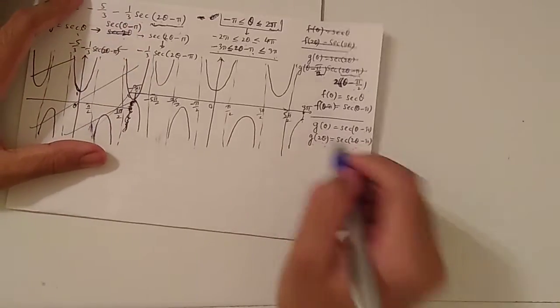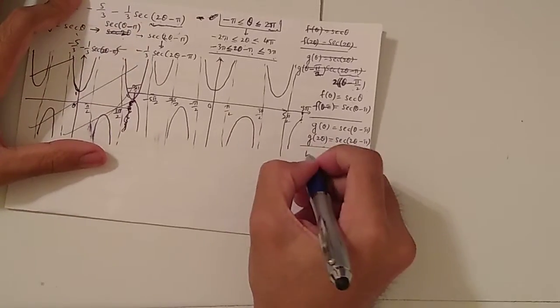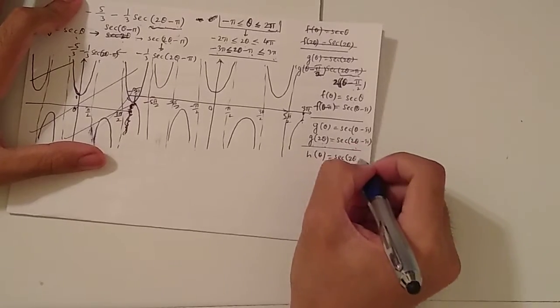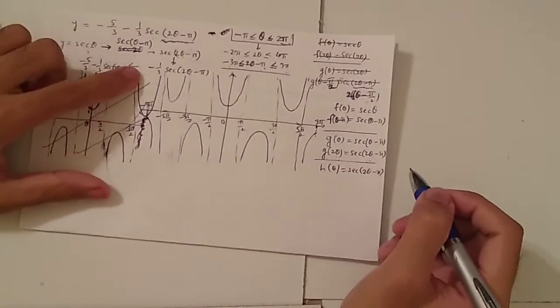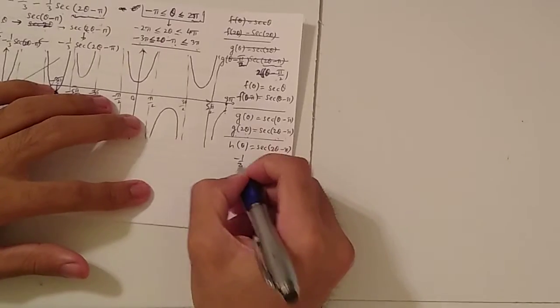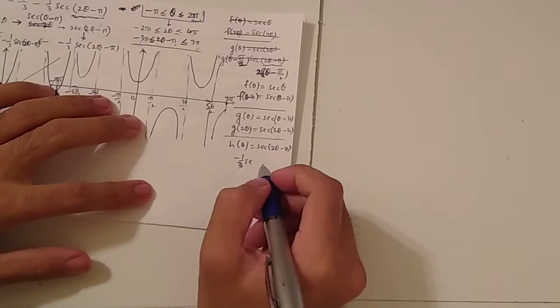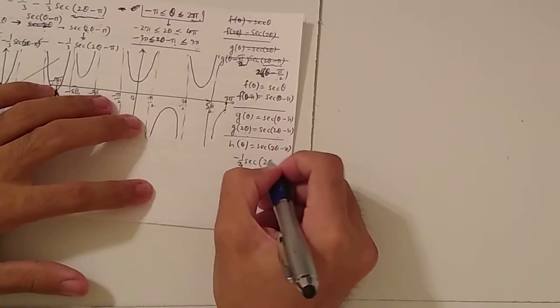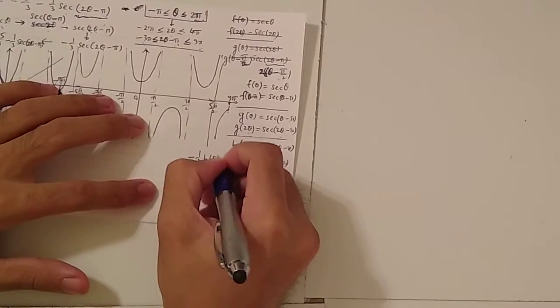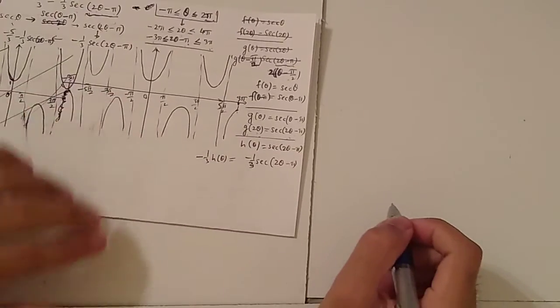Now the third step is going to be h. If h of theta is equal to sec of 2 theta minus pi, in that case minus 1 by 3 of sec of 2 theta minus pi is going to be equal to minus 1 by 3 h theta.